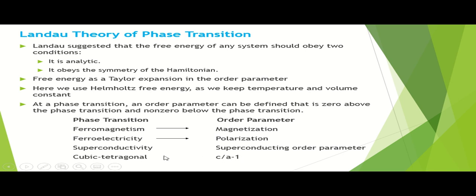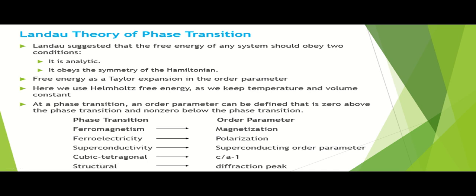And when it starts becoming tetragonal, C will not be equal to A, it will be slightly higher than A, therefore this ratio will be higher than 1, and therefore this order parameter will be non-zero, higher than 0, sorry. So that can be used as the order parameter.